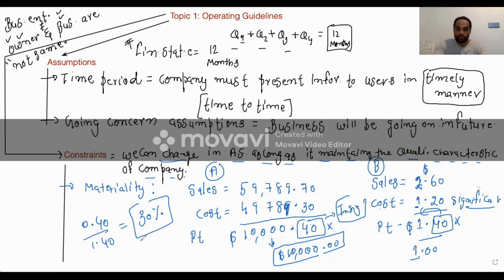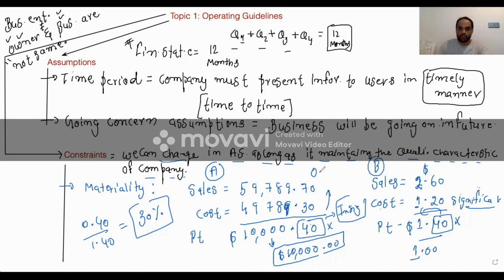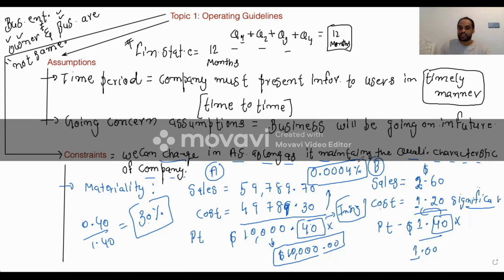So 40 divided by 10,000, it's going to be 0.004%. You can see that this is only 0.004%, and it is 30%.